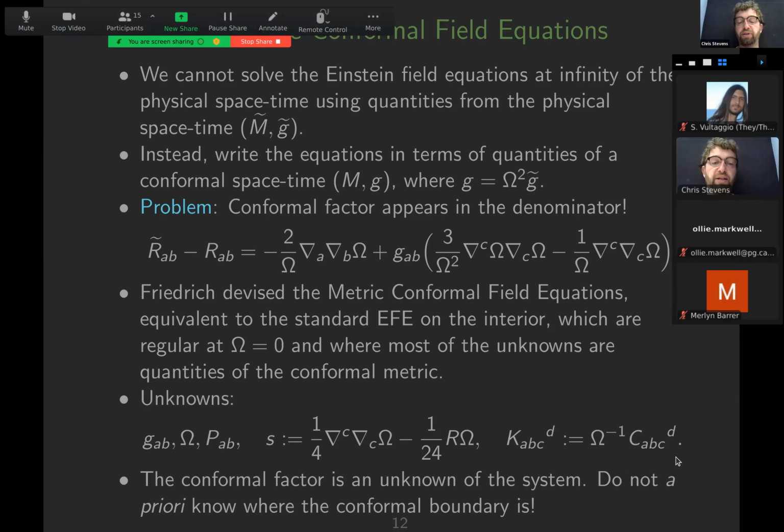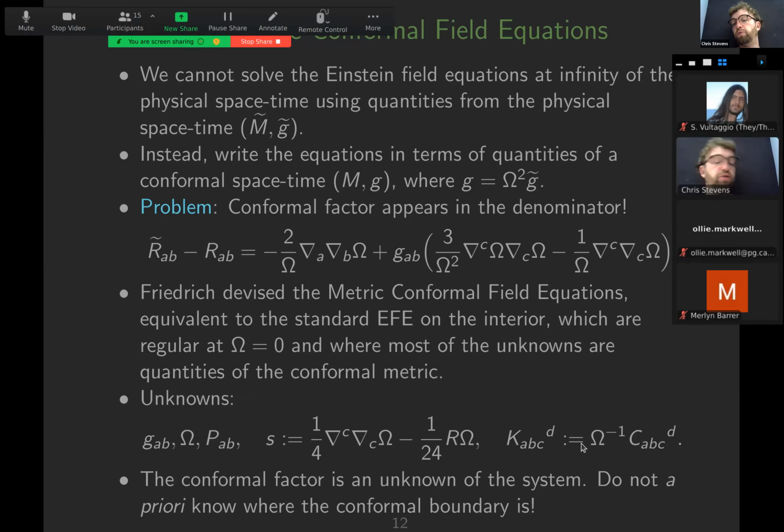Recall the Weyl tensor represents gravitational radiation, or the curvature induced by gravitational radiation. So this is not induced by matter. This is the part of the curvature that remains when the matter vanishes, when the energy momentum tensor vanishes. Now, the reason why we do this sort of scaling is a little bit more technical than what I'm about to say, but the Weyl tensor here vanishes at infinity of your isolated system. So in an asymptotically flat spacetime, this vanishes.